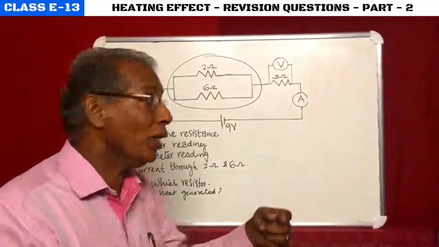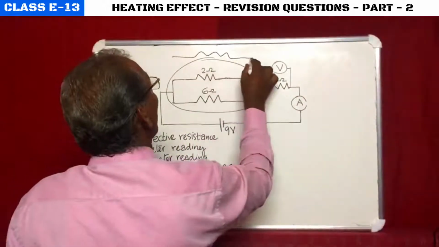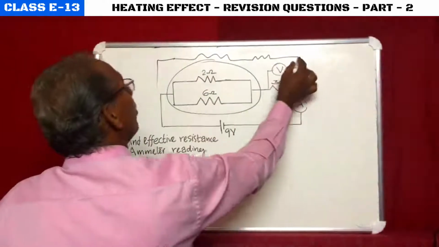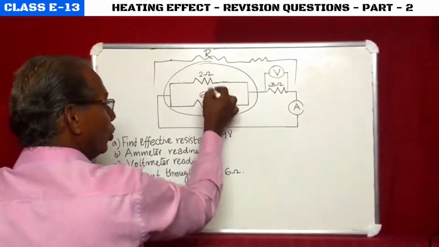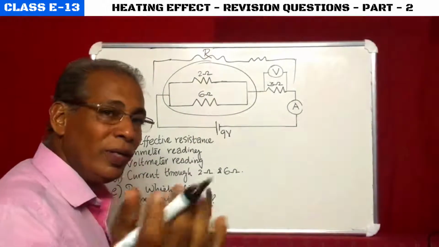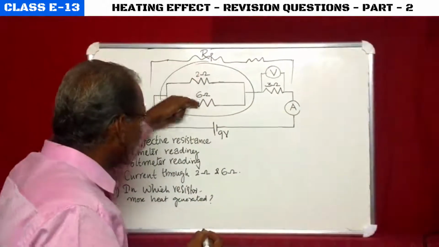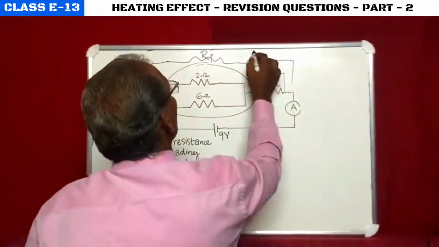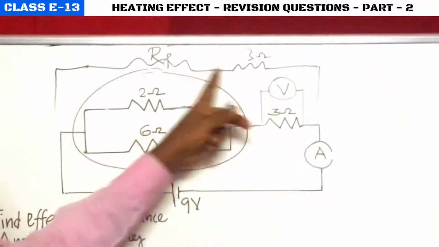For convenience, I replace these two with a single resistance, and this one is our 3 ohm resistor. So how many resistors are there now? This is the effective resistance of the two in parallel. For convenience, I am calling it RP, the effective resistance of the parallel connection. Then comes our 3 ohm, the next resistor in series with it.